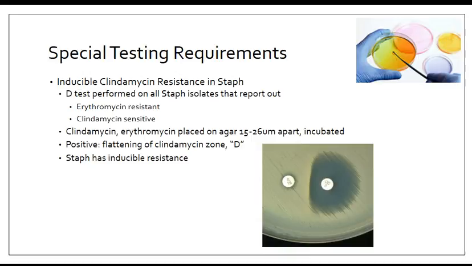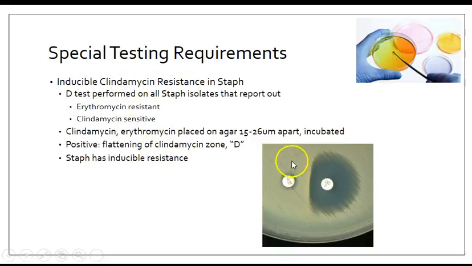So when we set up the antibiotic susceptibility on the instrument for a staph species, and the results say that the organism is resistant to erythromycin and sensitive to clindamycin, we have to do a D test to check for inducible clindamycin resistance.